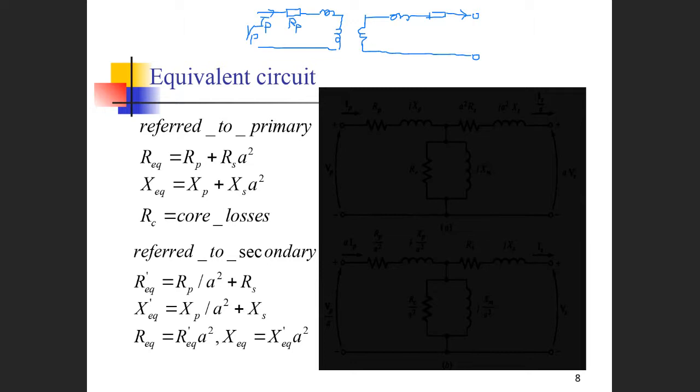Now here we have the primary leakage reactance, and the primary magnetizing reactance.